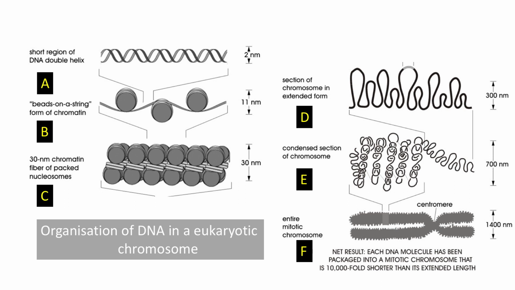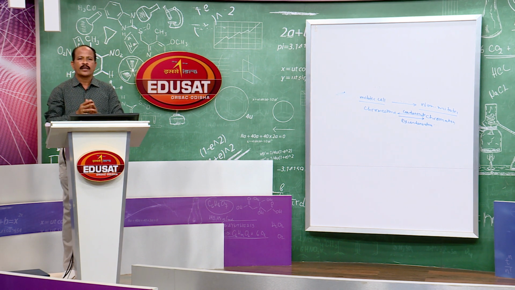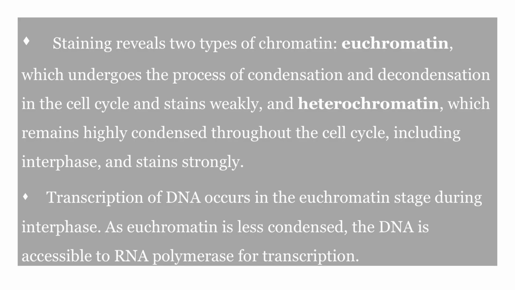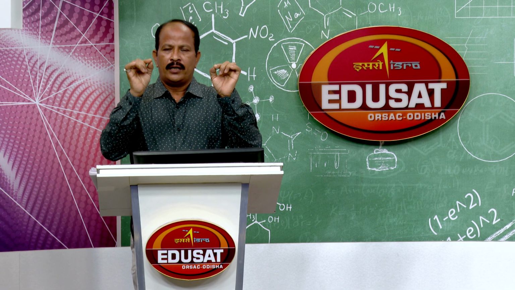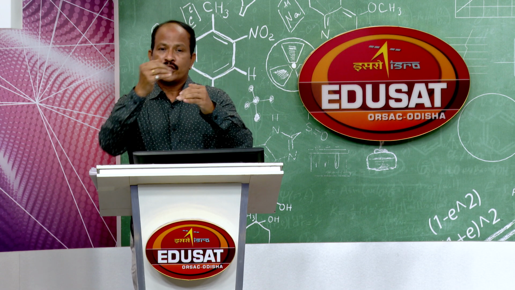Easily you can understand how the DNA is packaged into higher order organization to give rise to the mitotic chromosome that divides. This chromatin exists in two forms, euchromatin and heterochromatin. Euchromatin is light staining chromatin and is accessible to DNA polymerase and RNA polymerase for gene expression.